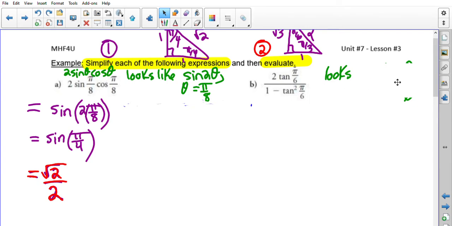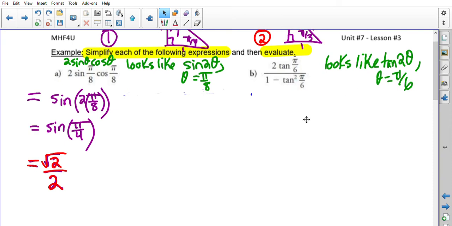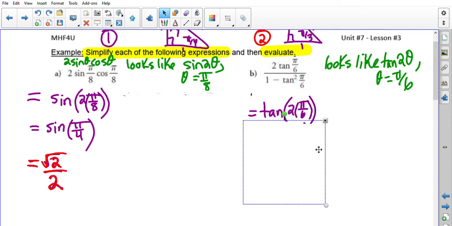Right away, you should be saying that this looks like tan 2 theta, where theta is pi over 6. So let's plug that in. I'm going to rewrite this as tan bracket 2 times pi over 6.